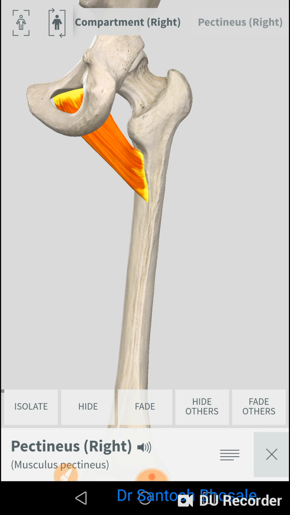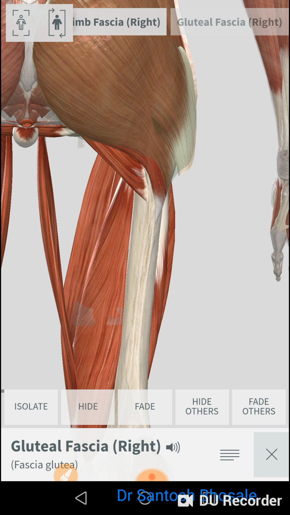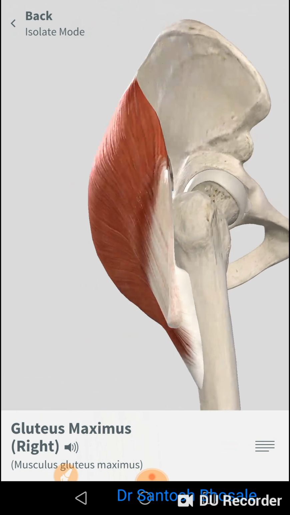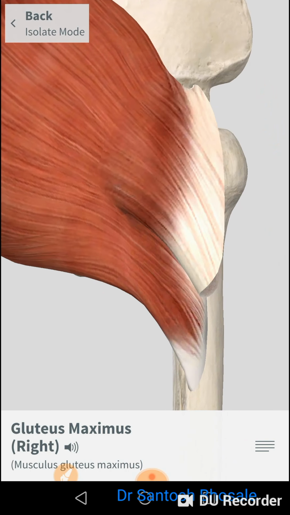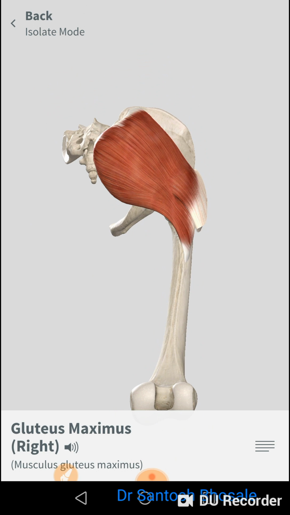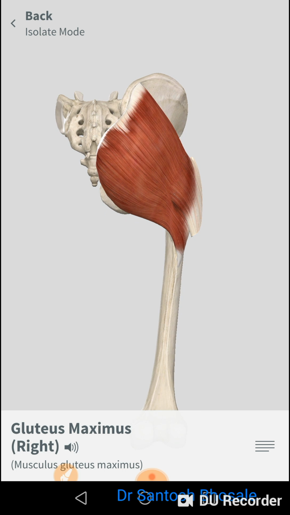Then you can see the gluteus maximus here, covered by gluteal fascia. You can see it is attached here to the gluteal tuberosity of the femur.